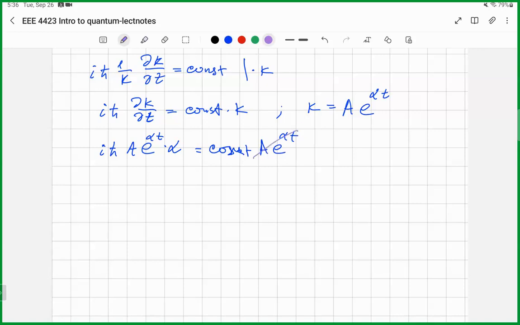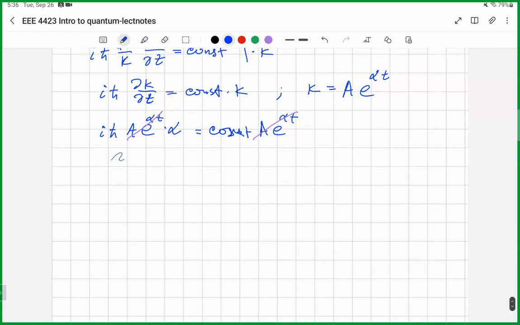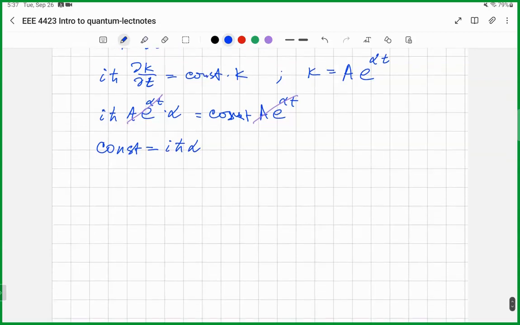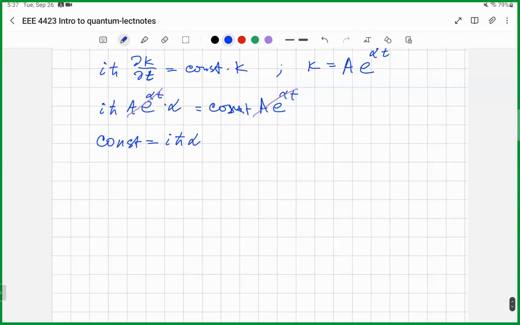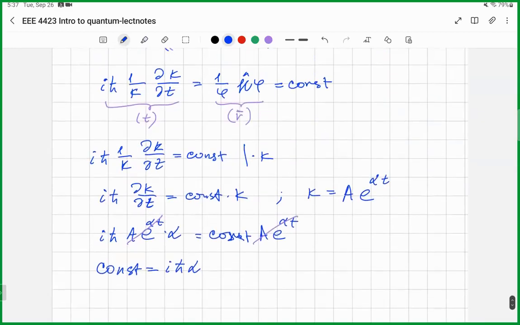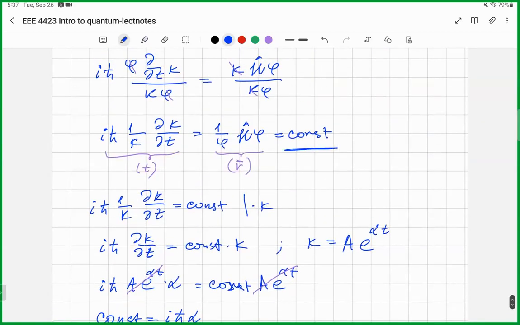So now I can cancel A e to the alpha t on both sides, and what I get is the value of this constant. The value of the constant is i h bar alpha. So this is my alpha, alpha that comes from this equation.